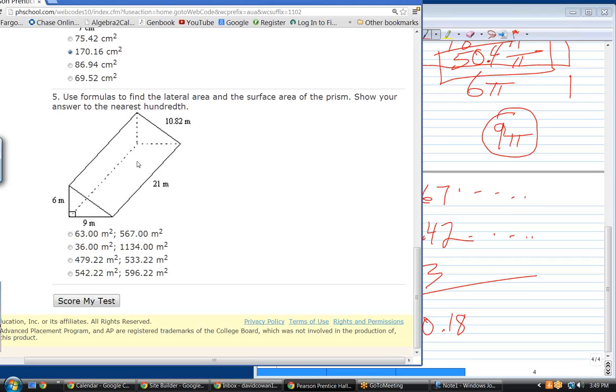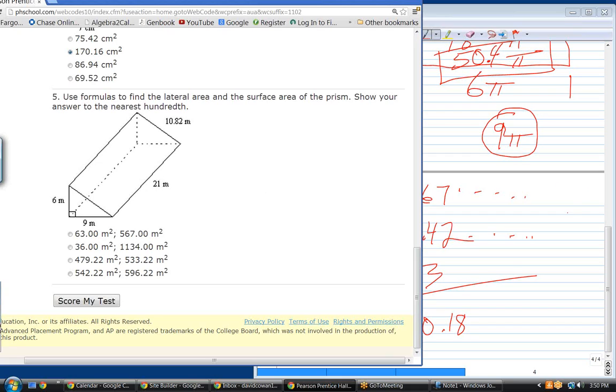The lateral area is the area between the 2 parallel sides. In other words, something is a prism if it has a face that's parallel to an opposite face. All right. And then it's connected at each vertex. So this is a prism. And the lateral area is all of the surface area not counting the 2 end pieces.